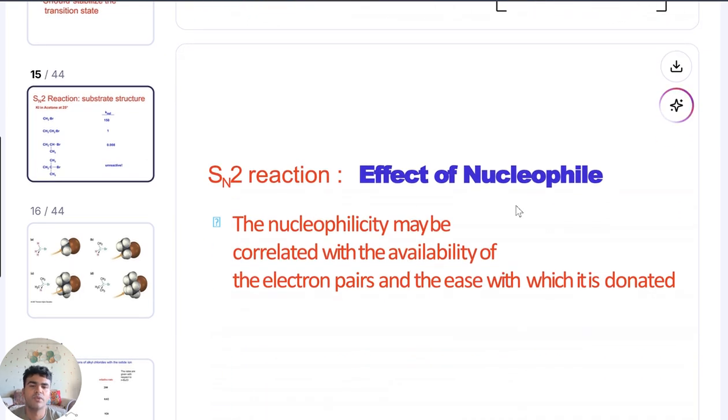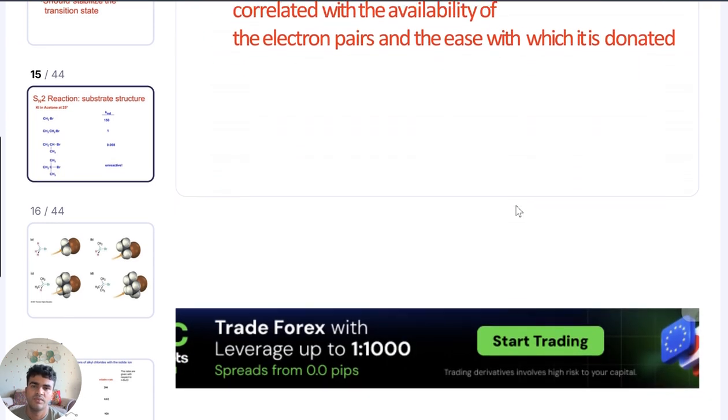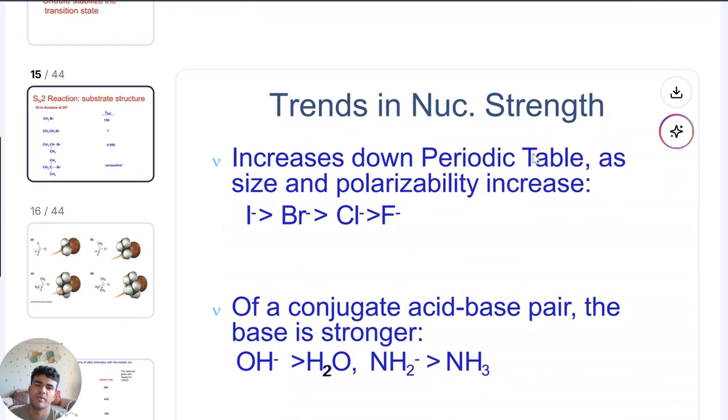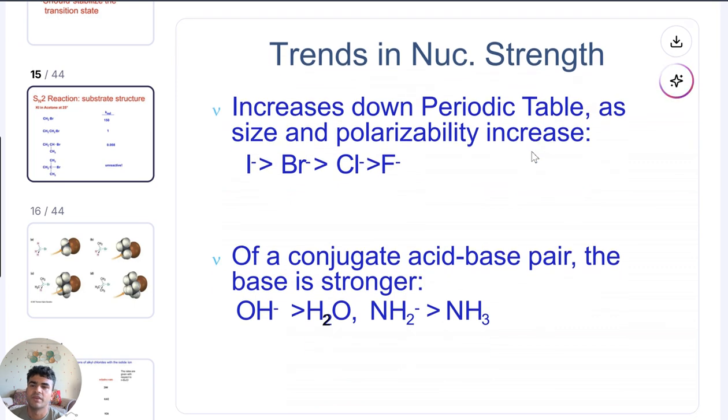SN2 reaction, effect of the nucleophile. As we described earlier, the rate depends on the concentration of the nucleophile as well as the type of the nucleophile. So if you increase the concentration, the rate will increase, and with different types of nucleophile, the rate will differ.